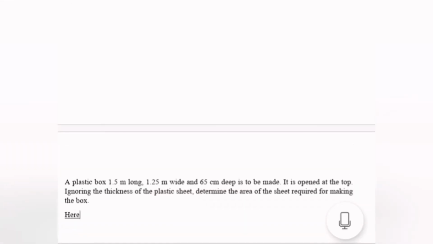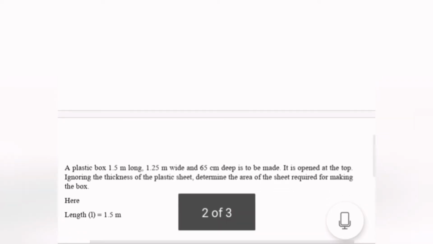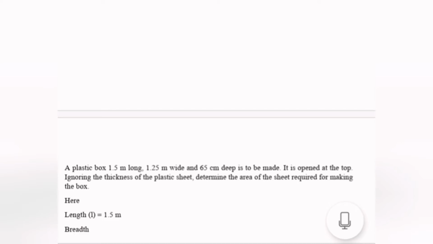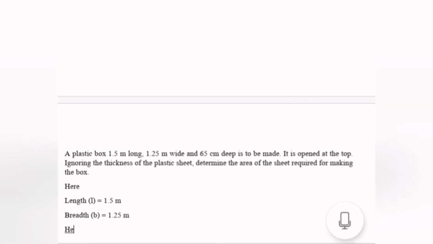Here, length, let it be considered as L, is equal to 1.5 meter. Breadth, considered as B, is equal to 1.25 meter, and height or depth, it is H, equal to 65 centimeter, which needs to be converted into meter.